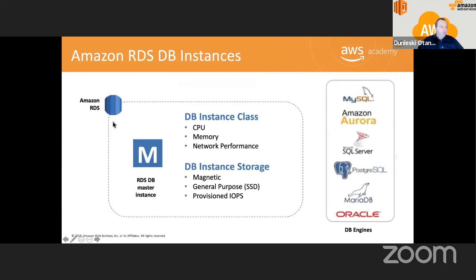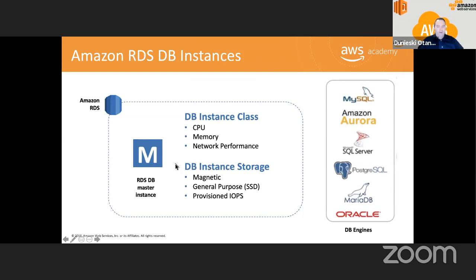So RDS instances, you have here a DB instance class, right? The instance class is what we choose, like X large or things like that. You may need some CPU, some memory, and network performance.